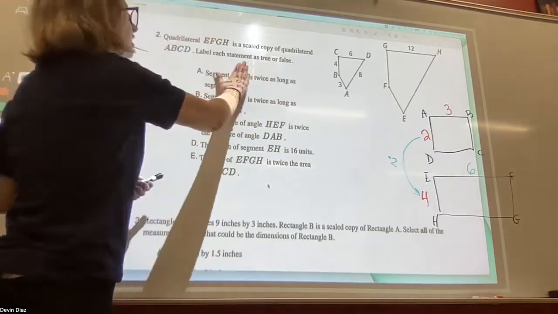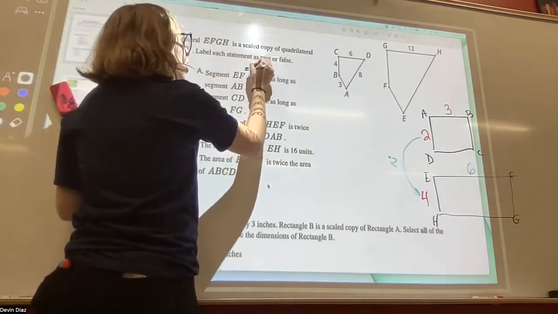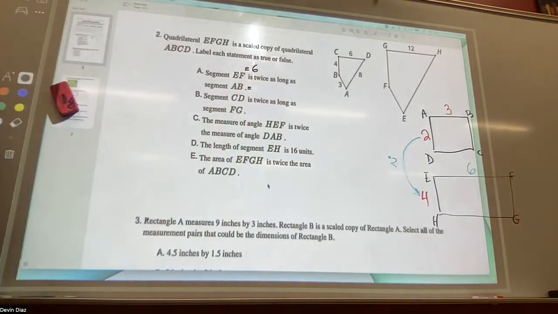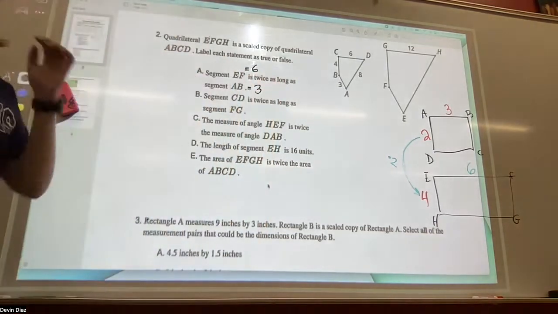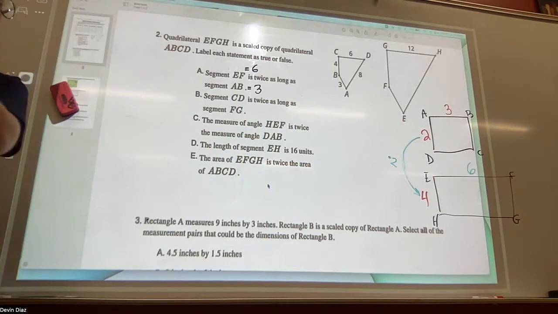It is 6. Who can tell me the length of AB? Yeah? 3. So would that statement be true? Yeah, I just labeled it, right?